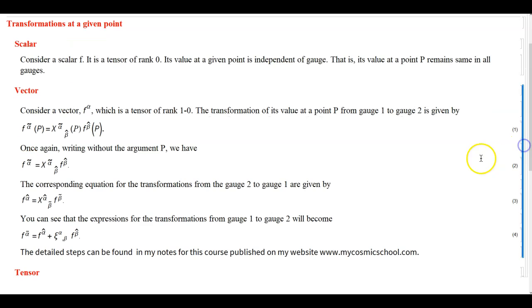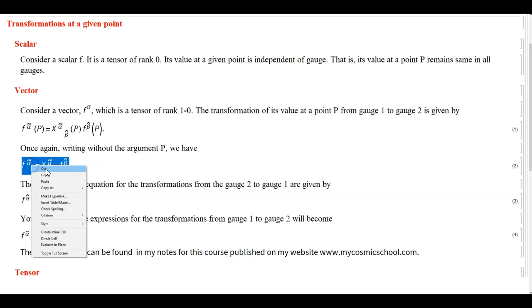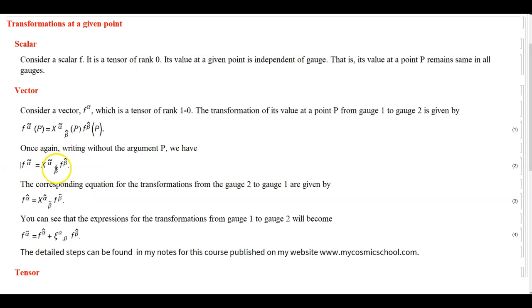Now coming to a vector, at one given point P, we can write the expression for vector transformation as this expression. We have seen that X alpha theta beta caret is a transformation matrix, and F beta caret is in gauge 1. When this transformation matrix acts upon F beta caret, we get F alpha theta.